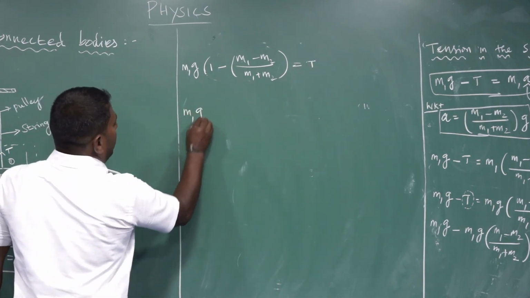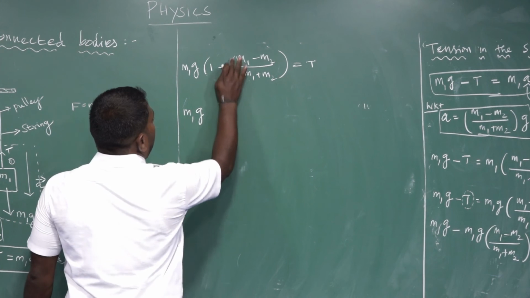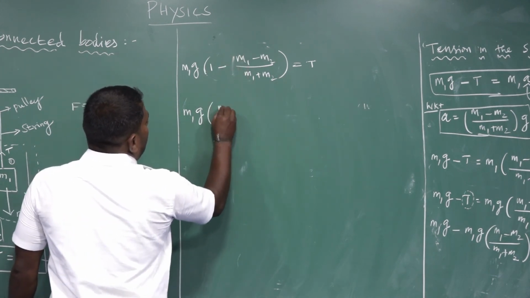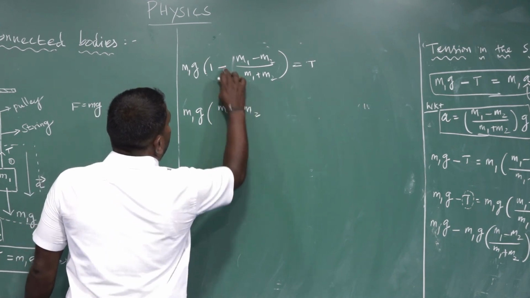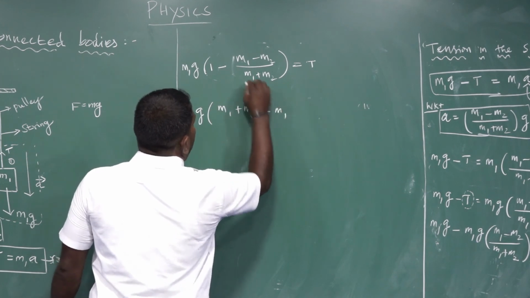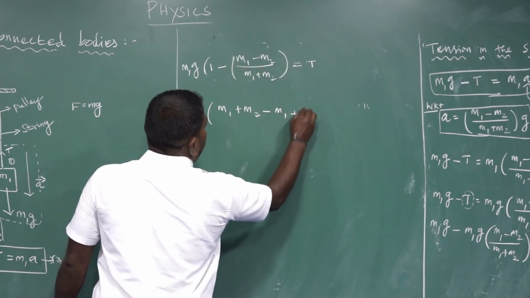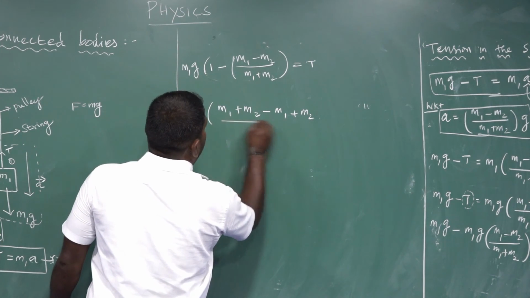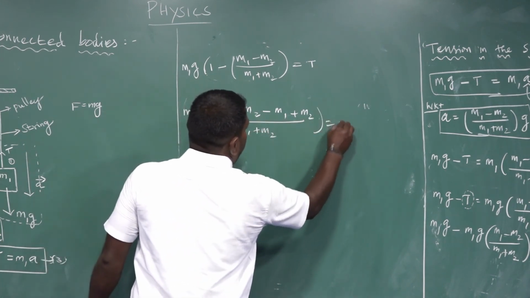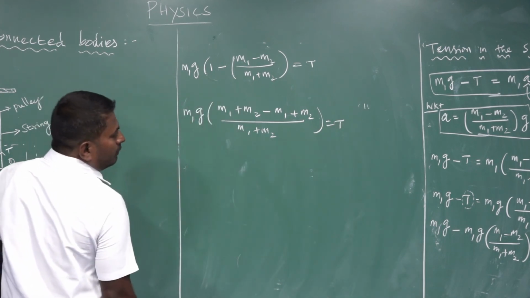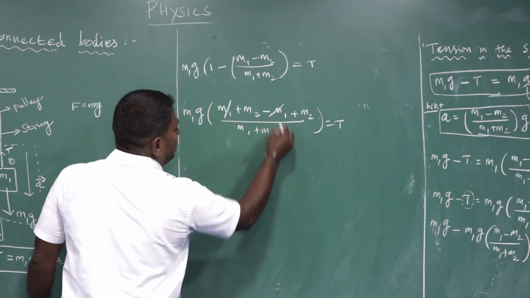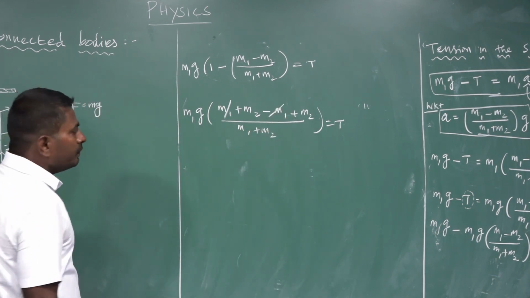So m1 g times [(m1 plus m2) minus m1 plus m2] divided by (m1 plus m2) is equal to T. The m1 and minus m1 cancel with each other.